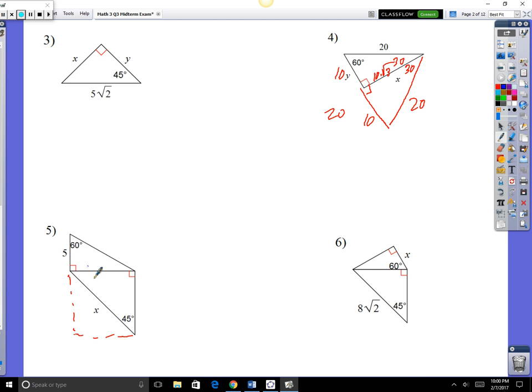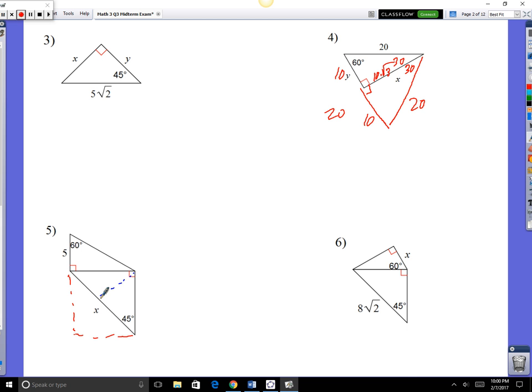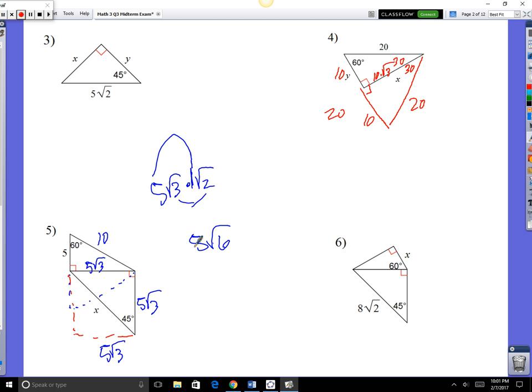So first I'm going to start with the 5, and the 5, so that means this one's 10, and that means the middle is going to be 5 square roots of 3, so that means this is 5 square roots of 3, so this is also 5 square roots of 3, so the diagonal is going to be 5 square roots of 3 times a square root of 2, and these times together, and the 5 times the number in front of the other one, which is just a 1, so 5 square roots of 6, that is the length of x.